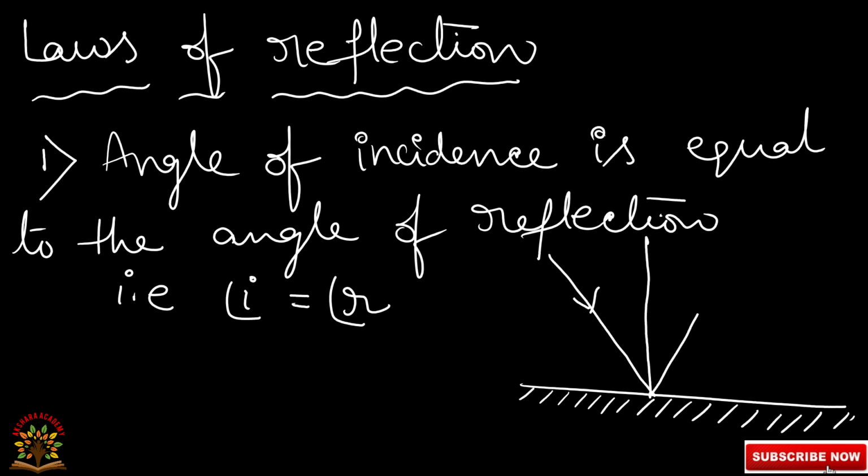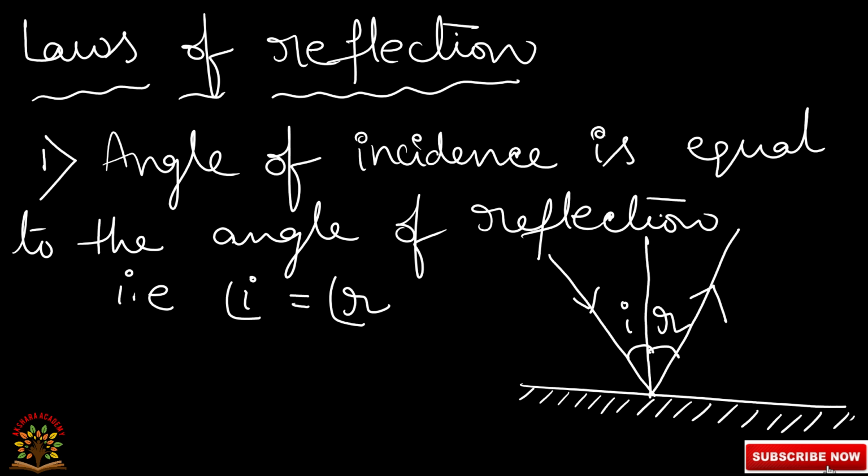Now we are drawing the normal, nothing but a perpendicular line. So this is the incident ray and this is the normal. After reflection, this is the reflected ray. Here the angle between incident ray and the normal is known as angle of incidence, and the angle between reflected ray and the normal is known as angle of reflection.